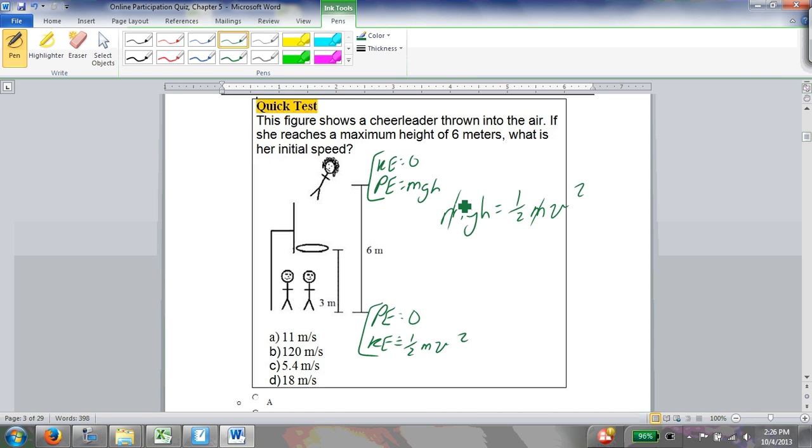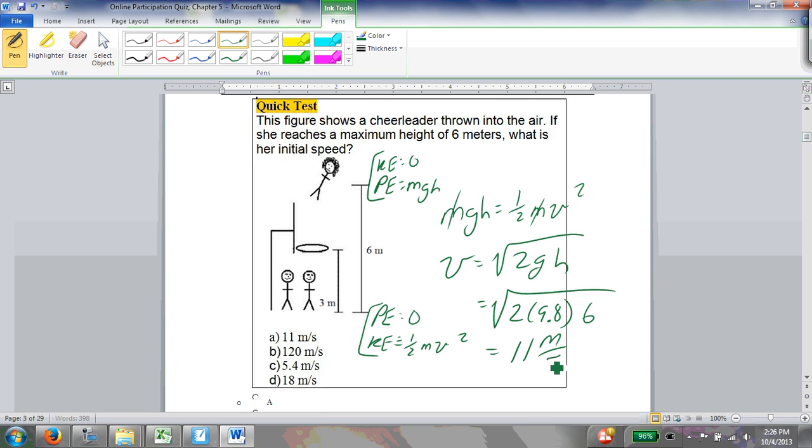My masses cancel, and I solve for v. That's the square root of 2 g h. It's going to be 11 meters per second. That's A.